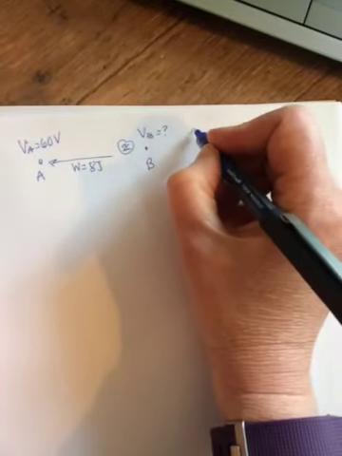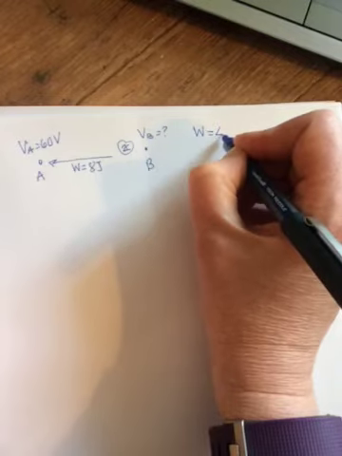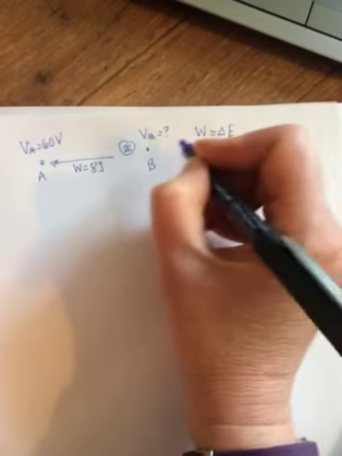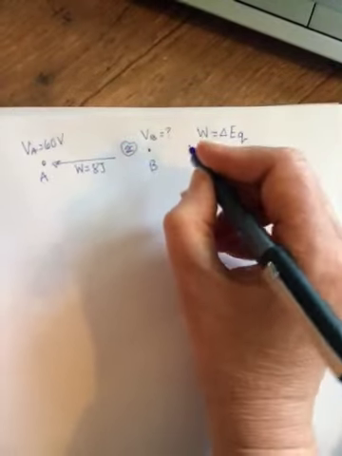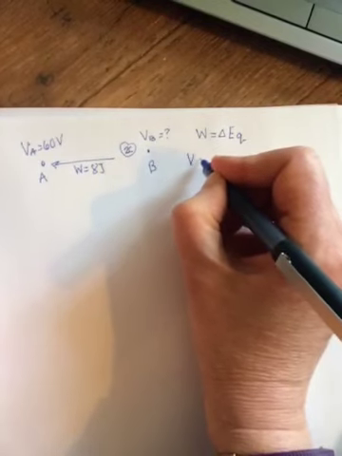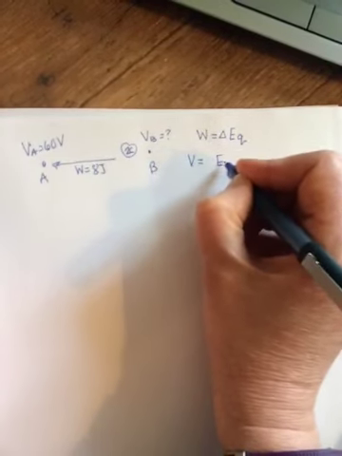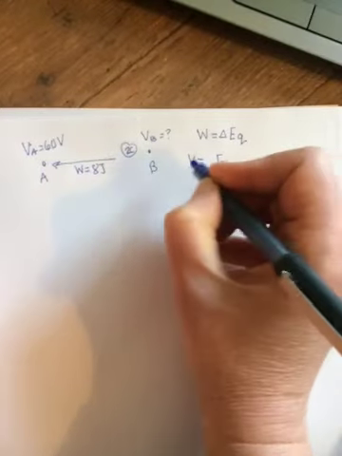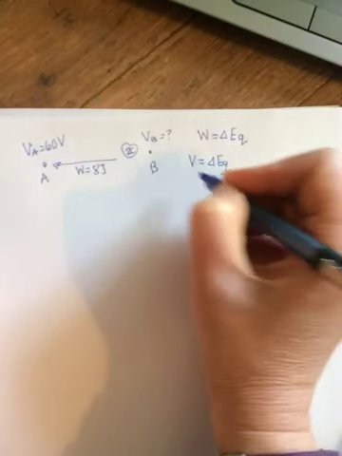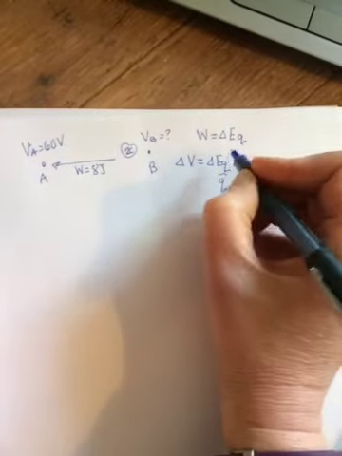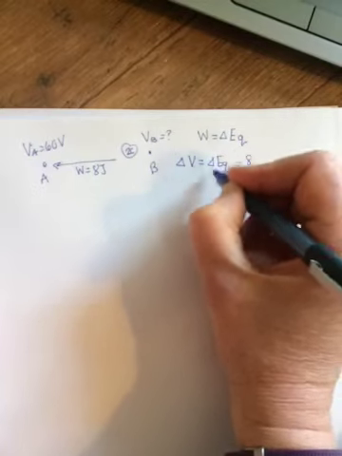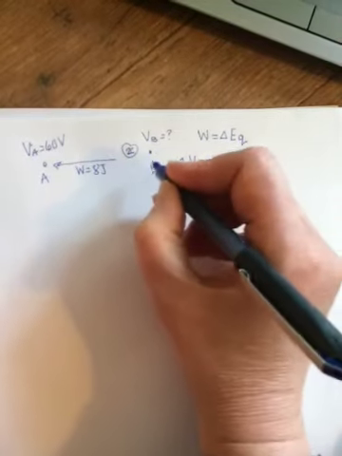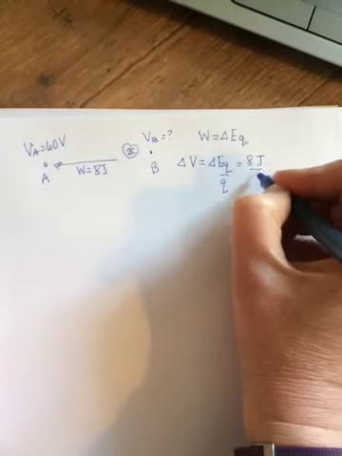Okay, so you need to call on your grade 11 physics a little bit here to remember that work done is equal to change in energy. In this case, the change in energy is going to be delta EQ. And we know from an earlier video that V is equal to EQ over Q. So if this is delta EQ, then this will be delta V. So the 8 joules is our change in the energy, and the charge that we're moving is 2 coulombs.